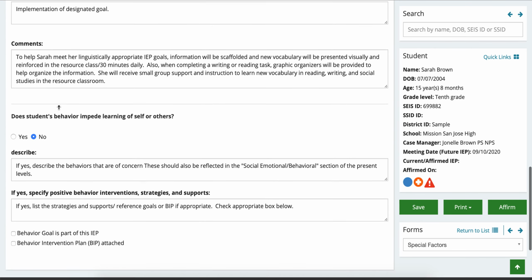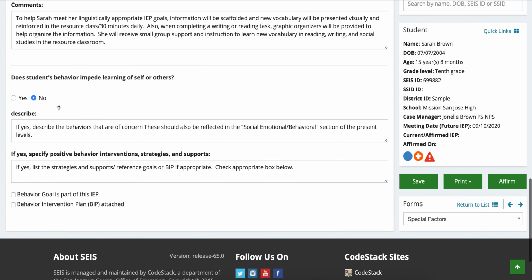All right. So moving down to the last section, it asks, does the student's behavior impede learning of self or others? So here you really want to make sure that you're looking to see if the student is exhibiting any type of behaviors that is impeding the learning of self or others.